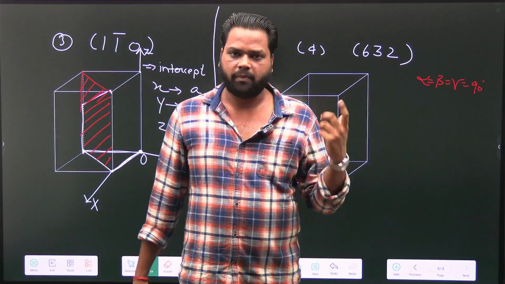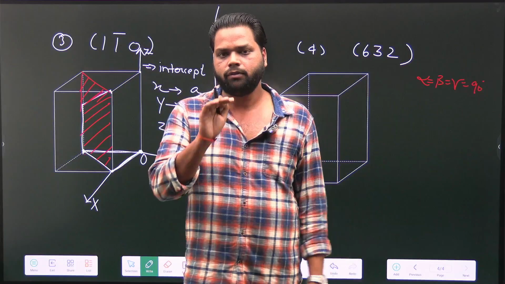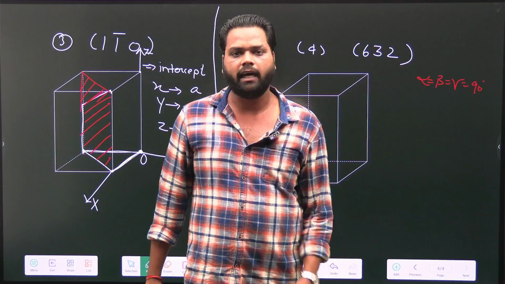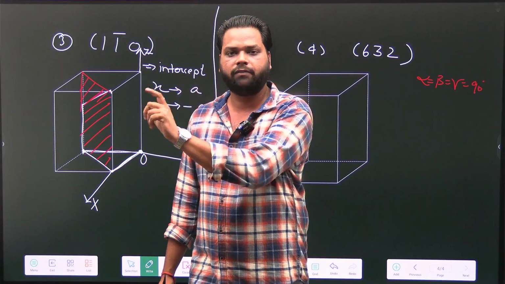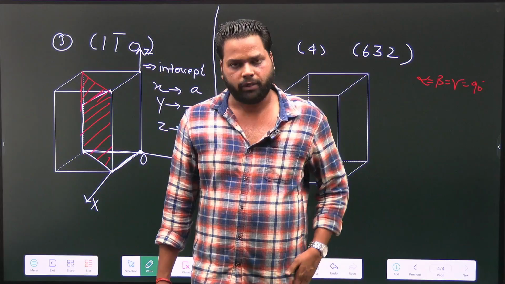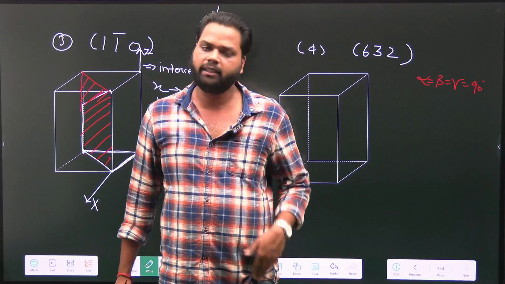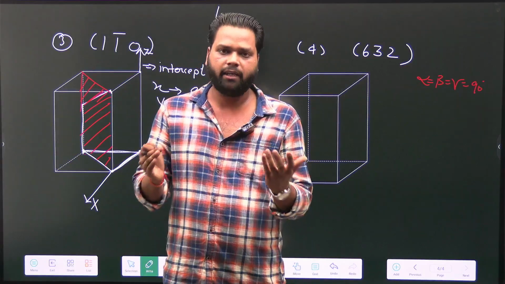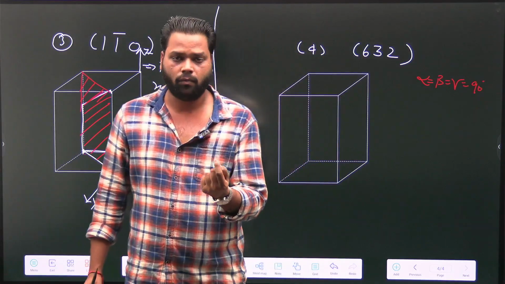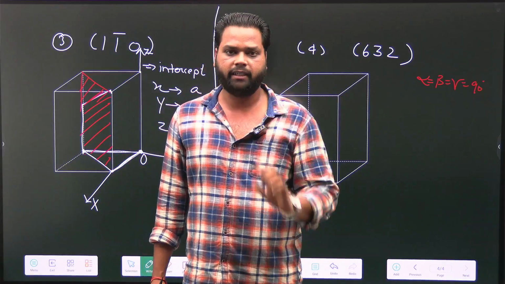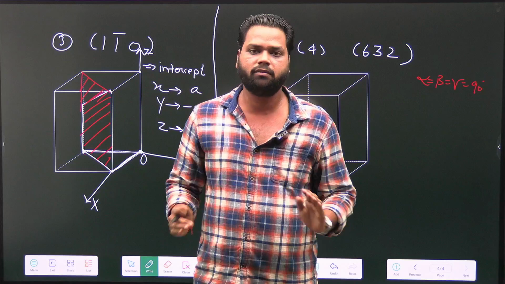Cubic की तो हमने बहुत सारी बातें कर ली. a is equal to b is equal to c. If you see the homework clearly, I gave you a question where all the three lattice parameters were different. So that was the real example. Yes, you are right, lattice parameters could also be different, but we have to follow just one simple relation: lattice parameter divided by the intercept. आपको confuse होने की बिल्कुल जरूरत नहीं है.